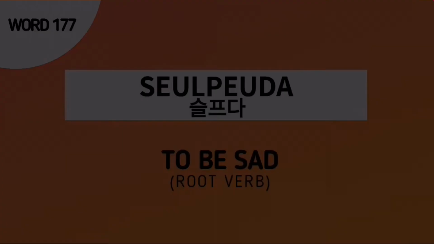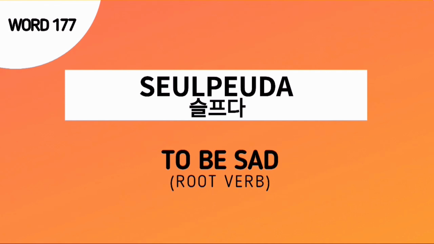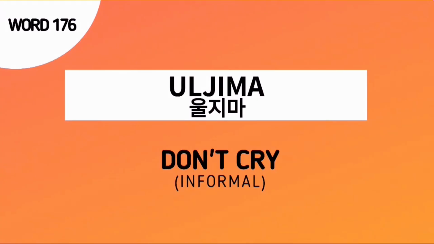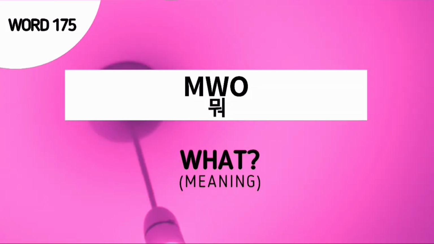Word number 177 is 슬프다. This is a verb which means to be sad. Word number 176 is 울지 마, and this is an informal way of saying don't cry. And the last for our review is word number 175, 뭐 or mo, and this is used to ask what?